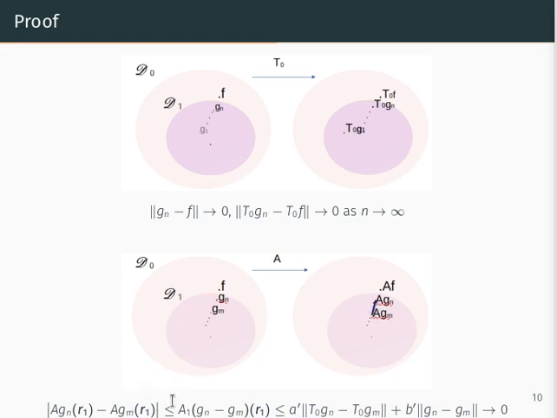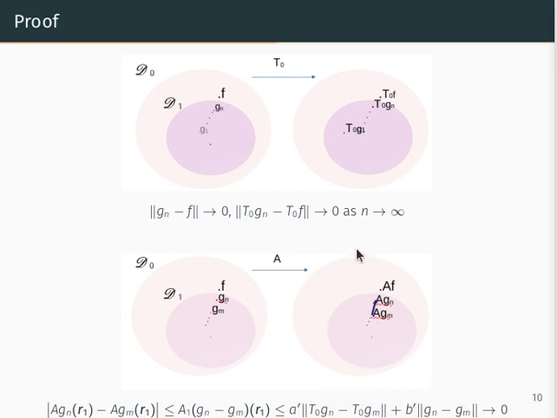In the beginning of the slides we said that the absolute value of this term is bounded by A1 of Gn minus Gm, and Gn and Gm are in the domain of D1, so we can say that it's bounded by A prime times the norm of T0 Gn minus T0 Gm plus B prime times the norm of Gn minus Gm.